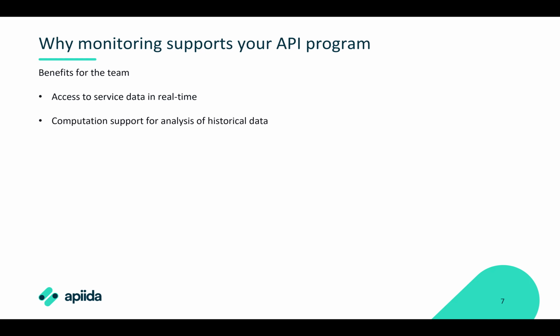And having a good monitoring, and also having the power to do this historical data analysis, that alone is already a reason to have a good monitoring of your API program.